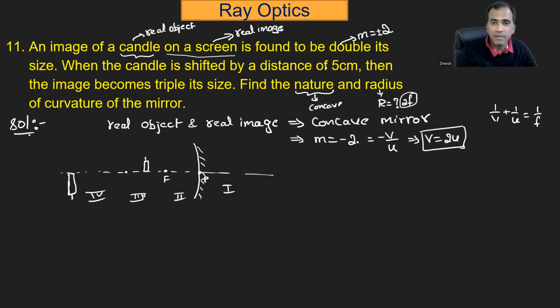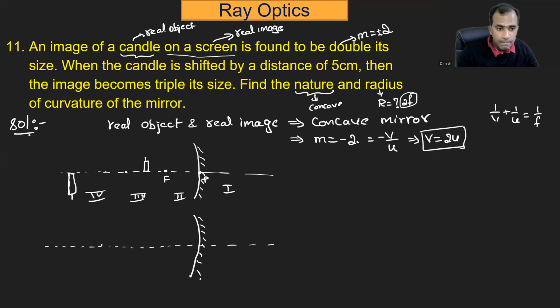When the candle is shifted by a distance of 5 centimeters, then the image becomes triple its size. So what is the new case? They're shifting the object. Now, using your common sense, you know what happens when the object travels to the right side or the left side.